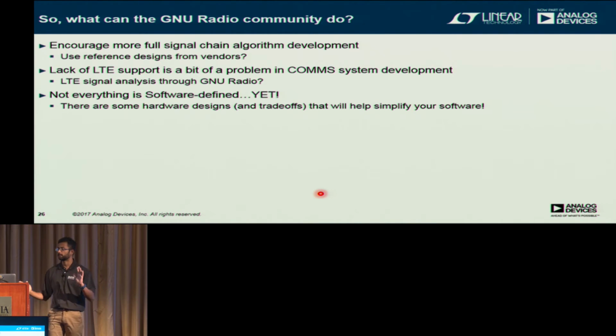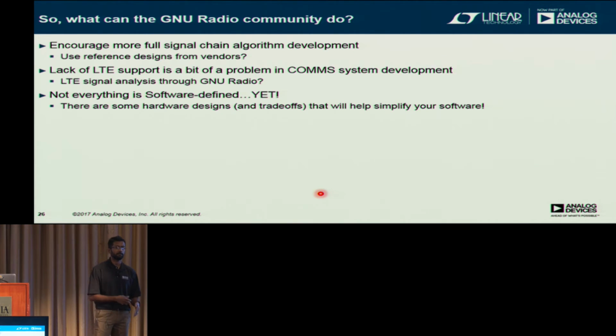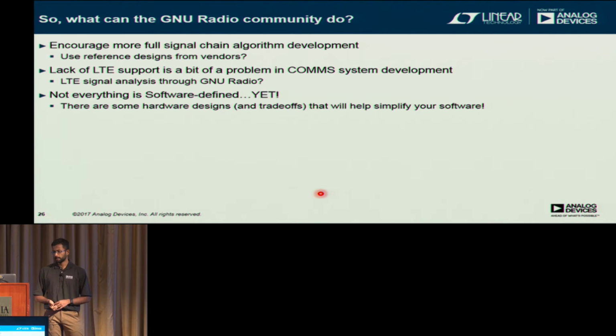So if someone knows of activities or projects, let me know. Maybe one of the solutions is to use reference designs that are readily available from different vendors, ADI, Xilinx, whoever, and try to use these systems because they're more representative of a real-world system than anything you can probably find, right?